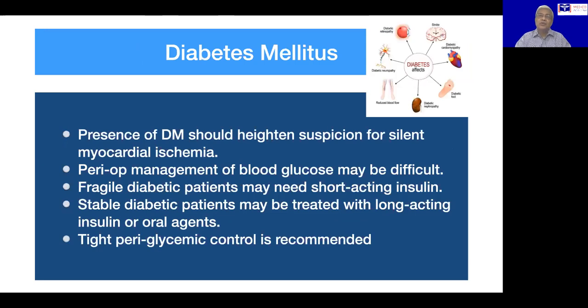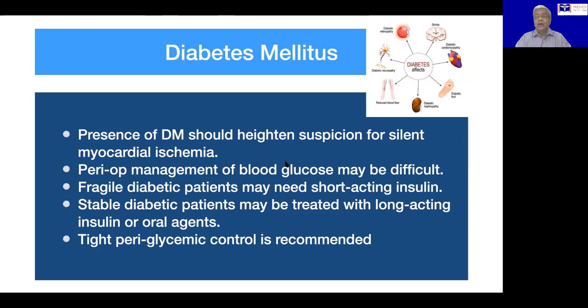The next disease which has serious consequences is diabetes mellitus. In case the patient has got diabetes mellitus, we should always suspect the presence of a silent myocardial ischemia which can occur perioperatively or may have occurred preoperatively.